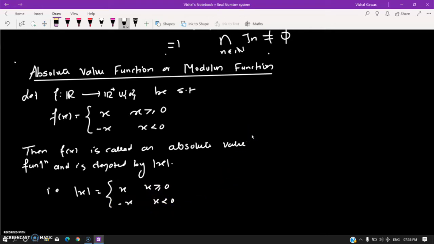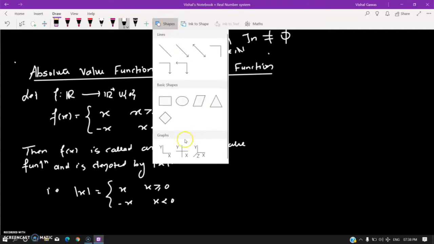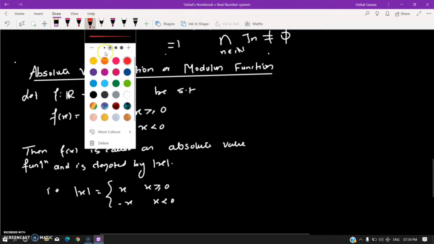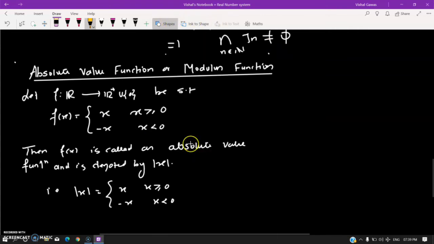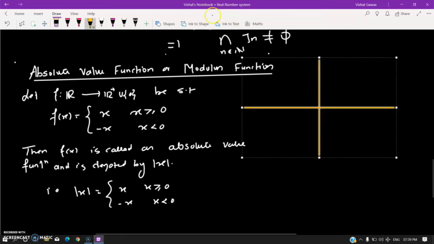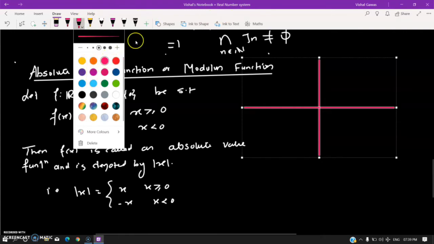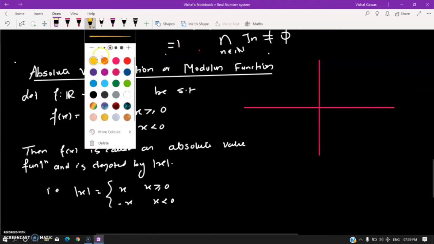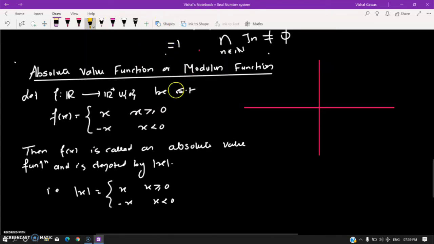Okay. So let's look at the graph of this function quickly. As I said, I'll draw it here. If I look at the definition of the function, it's positive whenever x is positive. At 0, it is 0, of course.